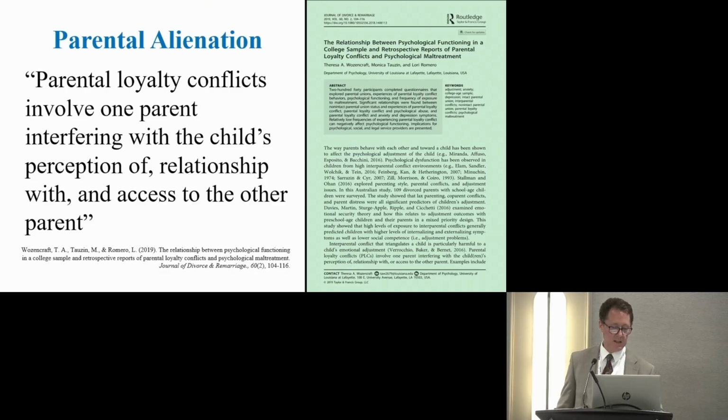And last but not least, this is not exhaustive, of course, but this is an important one. This comes from Wozencraft et al., and of course this is obliquely related to what we're talking about. Parental loyalty conflicts involve one parent interfering with the child's perception of, relationship with, and access to the other parent.